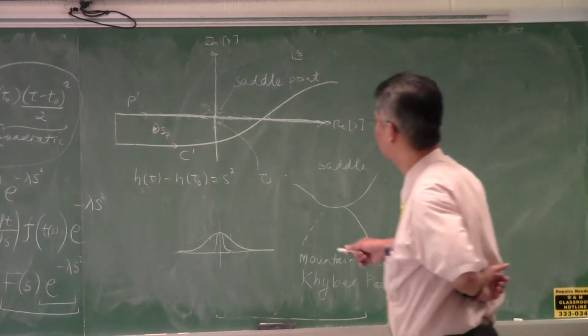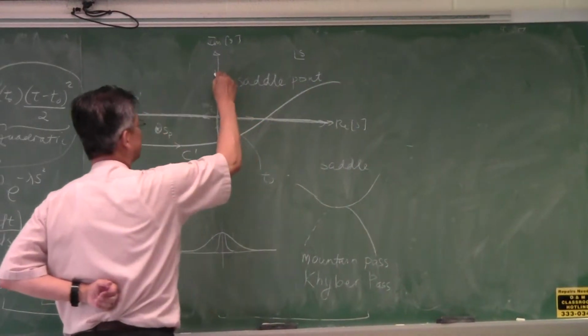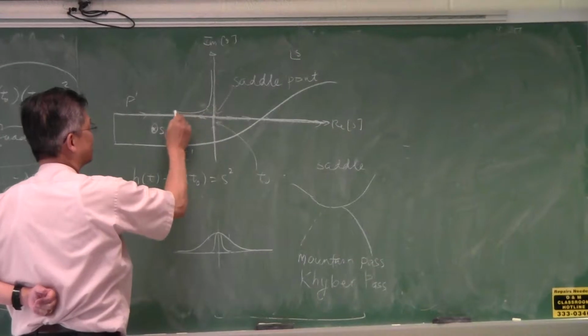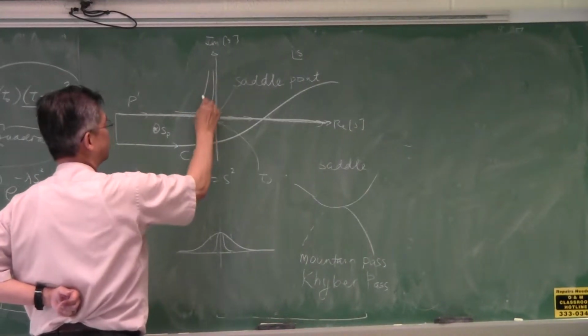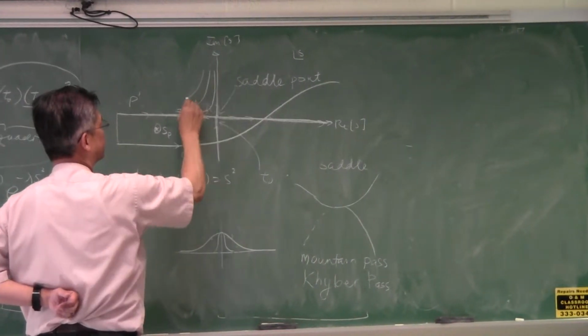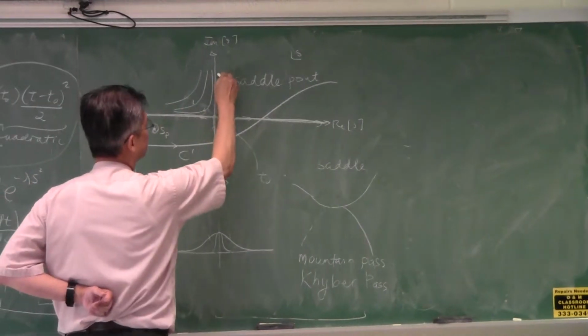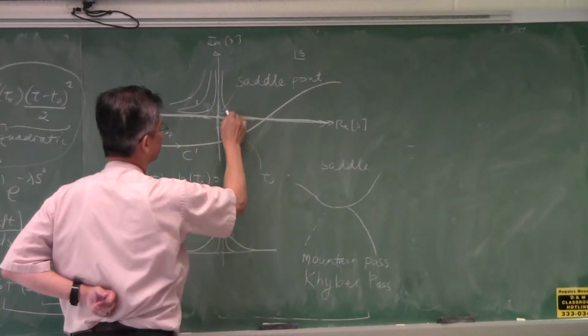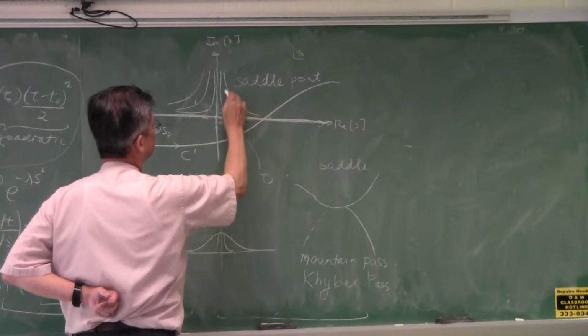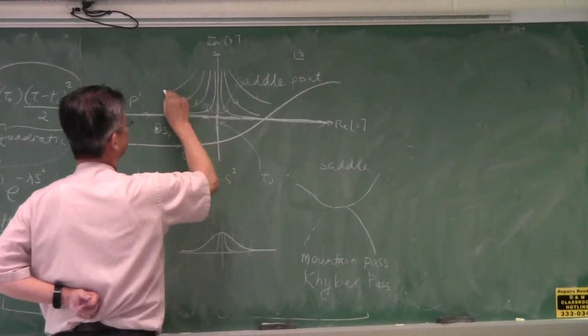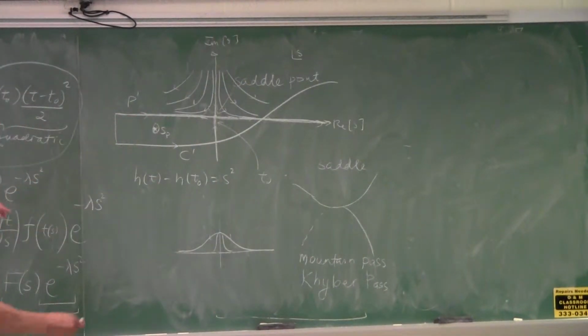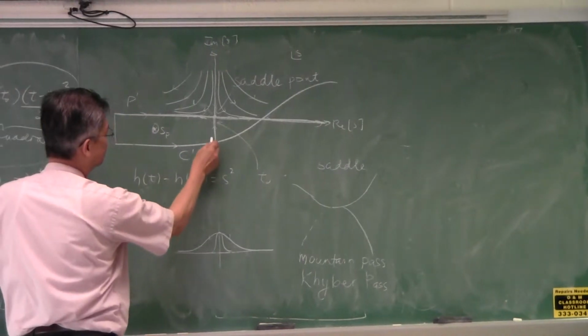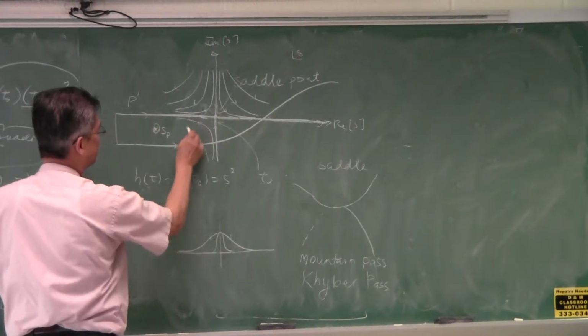Then the direction of steepest descent will look something like this around this saddle. It will look something like this. Agree?